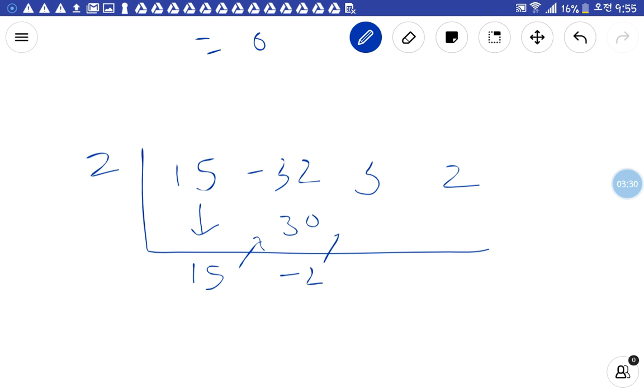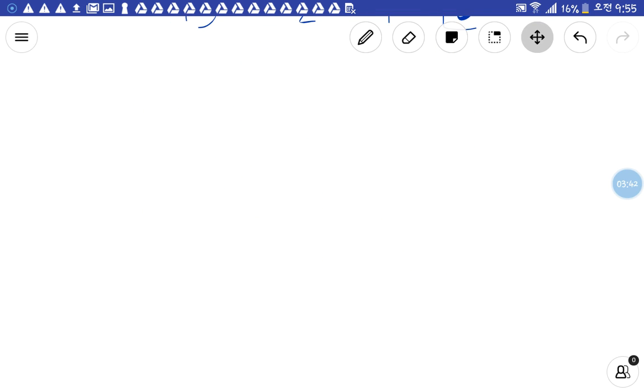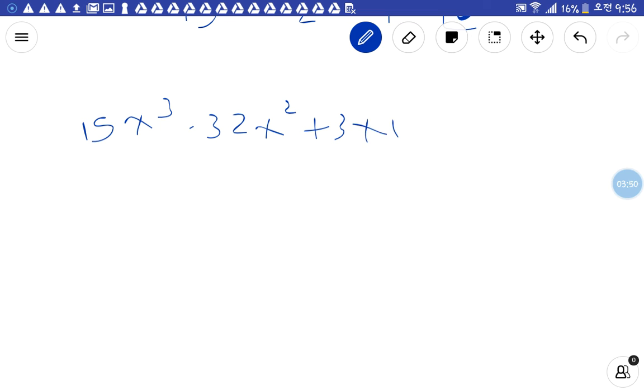Now 2 times negative 2 becomes negative 4, so there will be negative 1. Negative 1 times 2 is negative 2. Please put it down here. So I would rewrite my equation: 15x cubed minus 32x squared plus 3x plus 2 is the product of x minus 2 and my quotient 15x squared minus 2x minus 1.